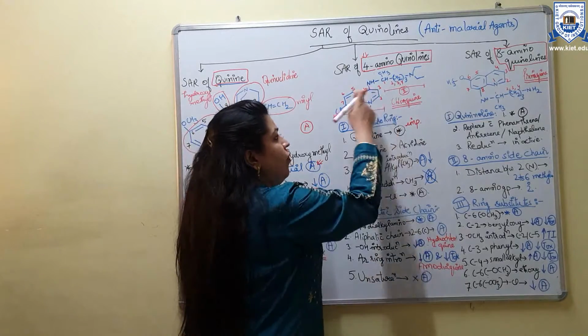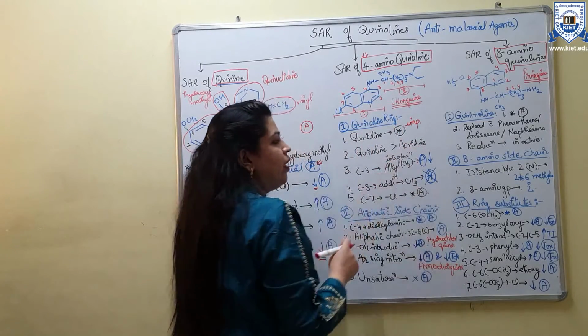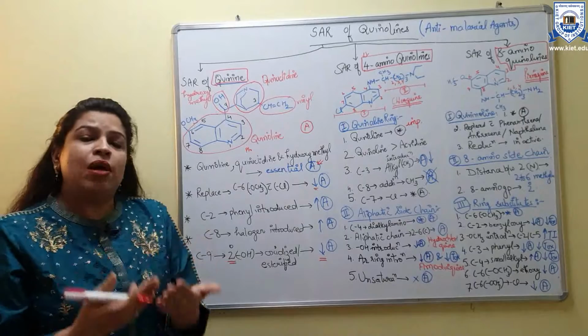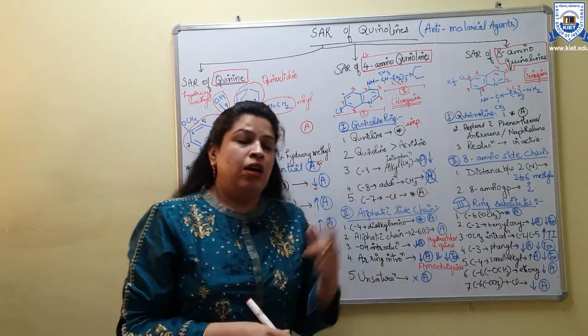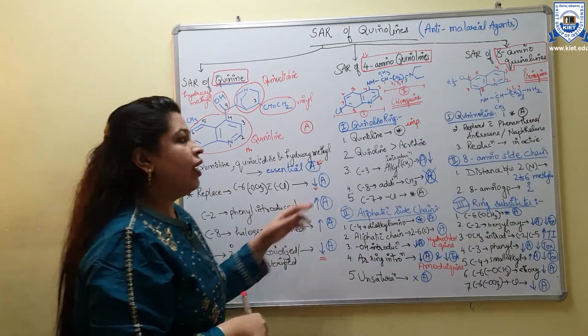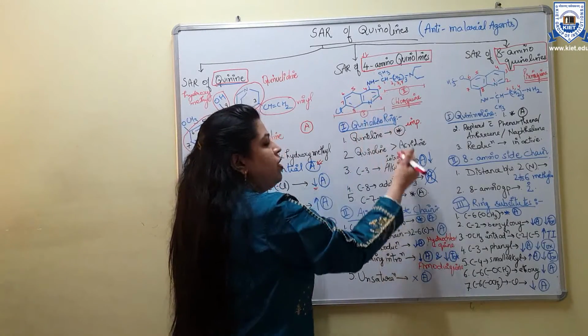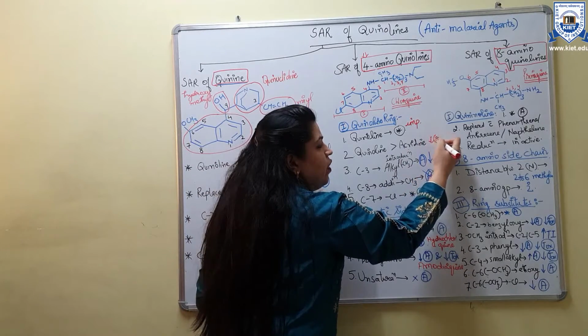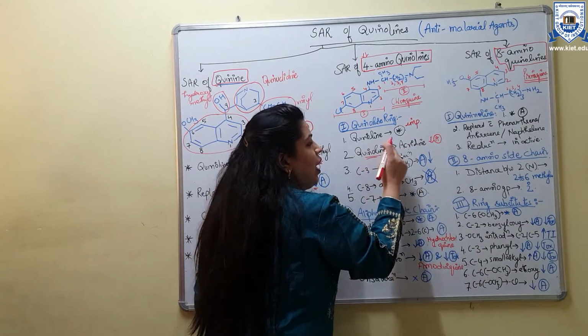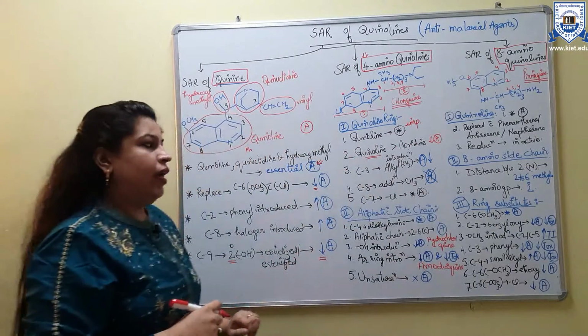Now, if the quinoline ring is replaced with acridine, there is some loss of activity, as we have already seen the acridine class under this anti-malarial category. Less activity means the quinoline ring has more activity than the acridine ring.